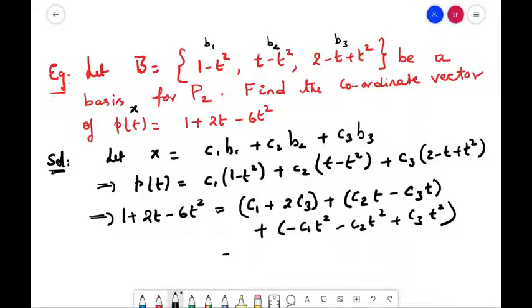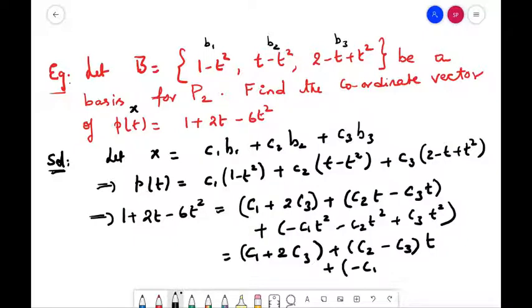That I can write as c1 plus 2c3, plus c2 minus c3 into t, plus minus c1 minus c2 plus c3 into t square. So this is what I have here.